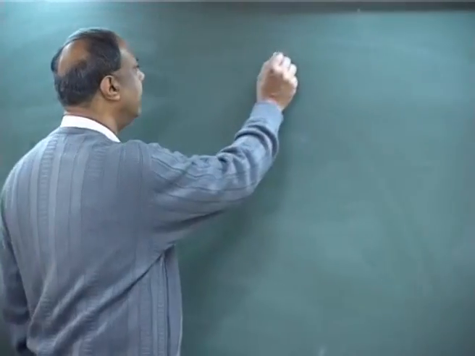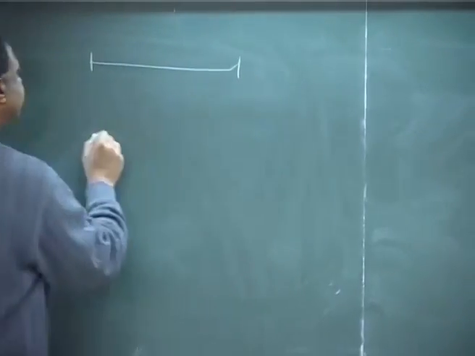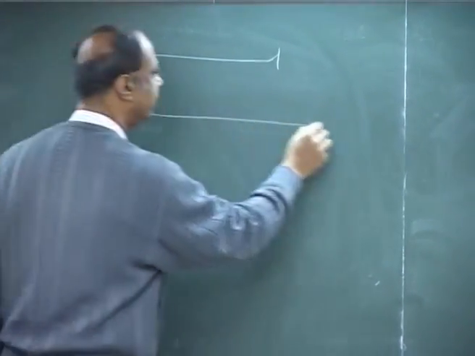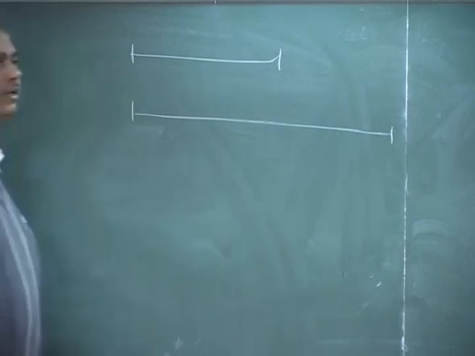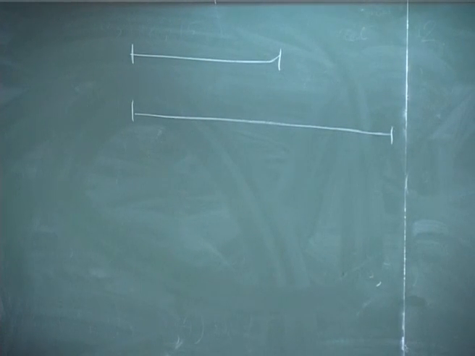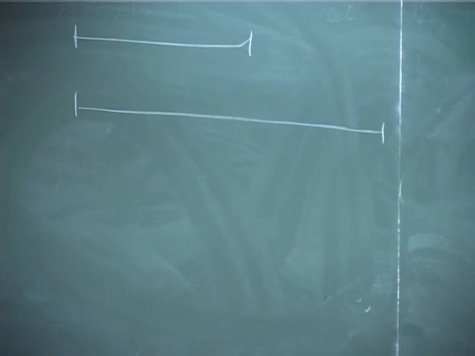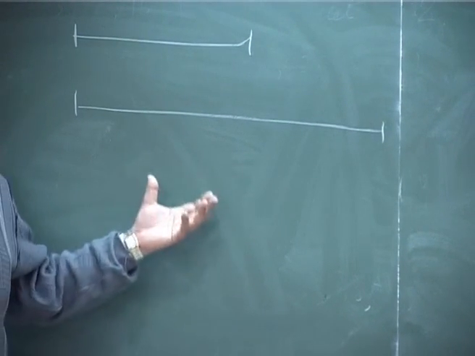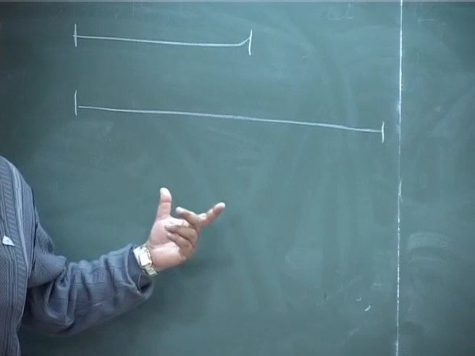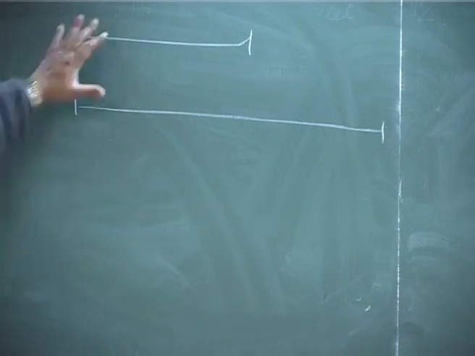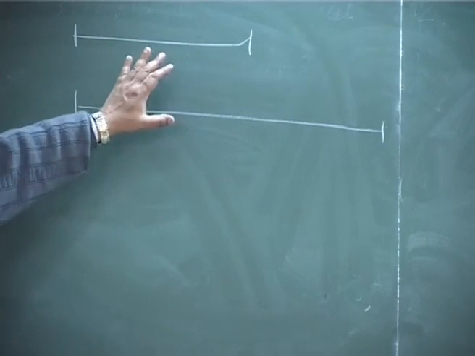So the idea in the EREW model is a little different. What we are planning to do is divide into 2 equal parts. How to divide into 2 equal parts? If I can find the median of these 2 sequences.